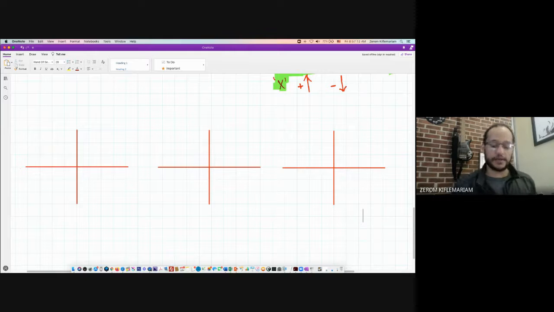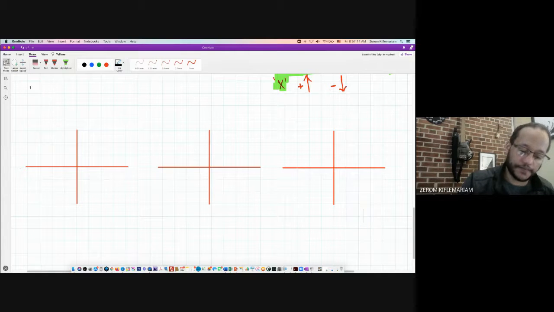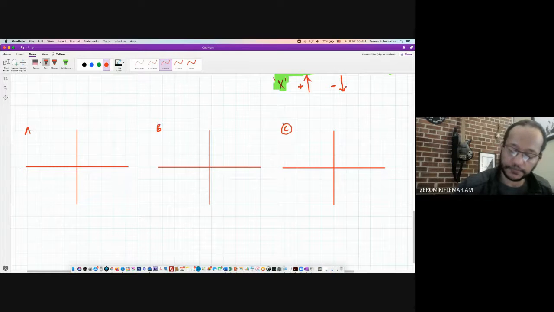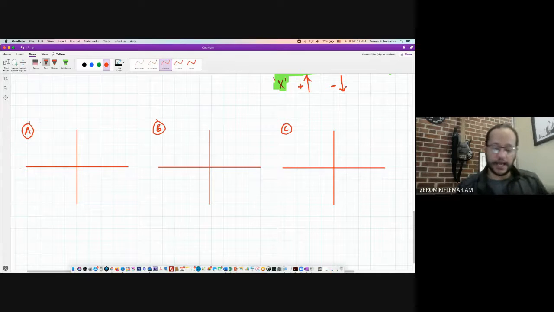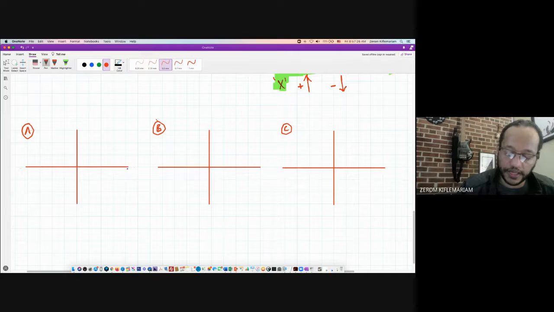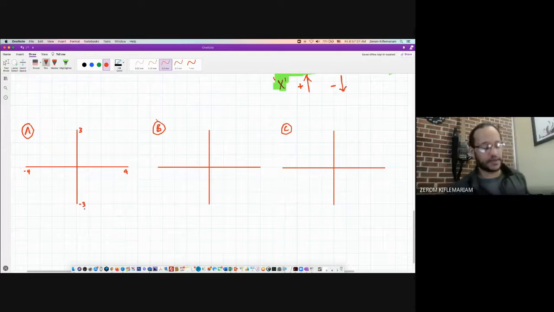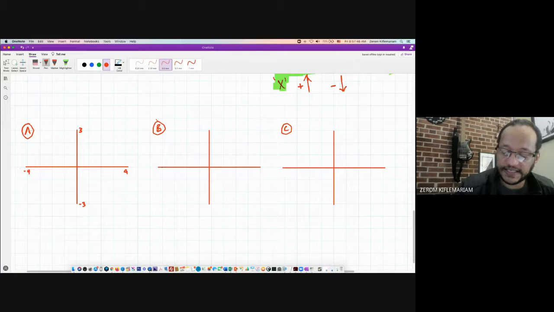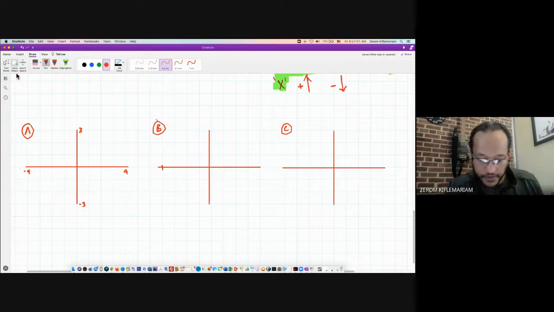If nothing is written, let's call this one A. We have A and B and C. If nothing is written, I can assume this is going to be 1, 2, 3, and this is going to be 4. This is going to be 1, 2, 3, this is going to be -4, this is going to be -3. So if they didn't write anything on it, automatically every grid is going to represent one unit. But if they say something different, let me move this one, that way it falls exactly on the grid.